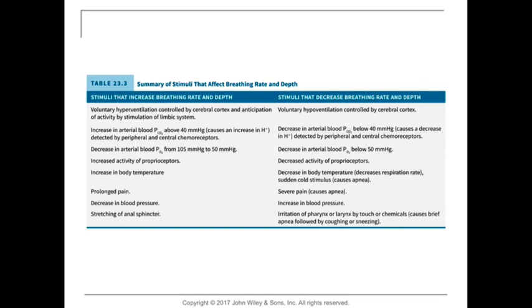And also, if you look on the right-hand side, stimuli that decrease. So if we're looking at prolonged pain, people that are hurting, their breathing rate and rhythm and depth is going to be increased. But if someone has severe pain, really severe, that can cause apnea. That can increase blood pressure.